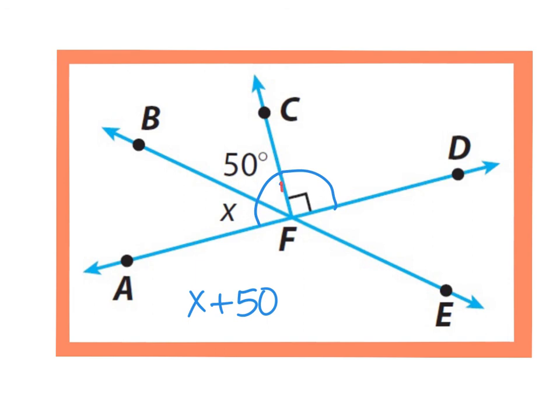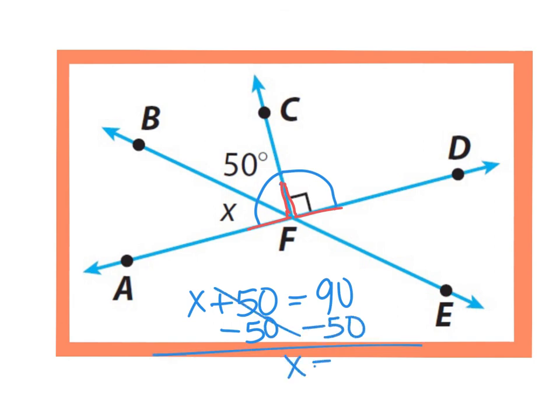Well, I can see that this angle over here and my marked 90-degree angle make a straight line, or a supplementary angle, so I know it's a total of 180 degrees. So X plus 50 will equal 90. Probably you can see this without solving the equation: X equals 40 degrees.